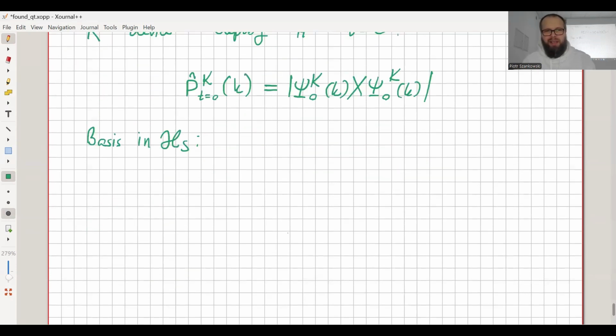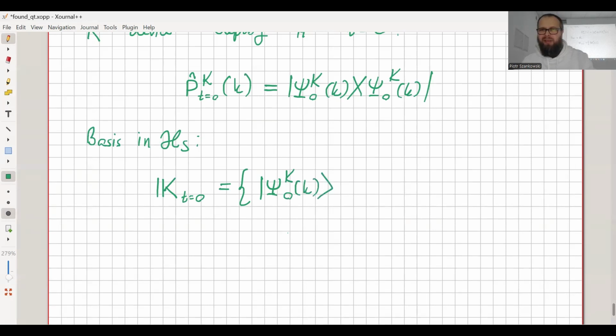So let's call this basis K at t equals 0. It would be the set of all those vectors here.